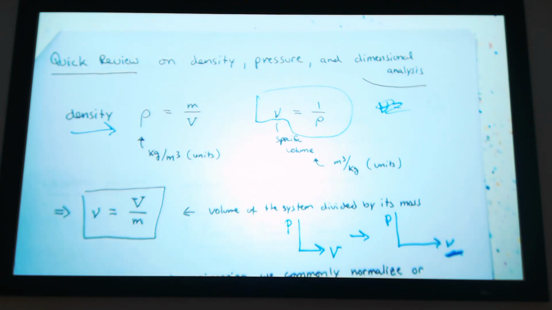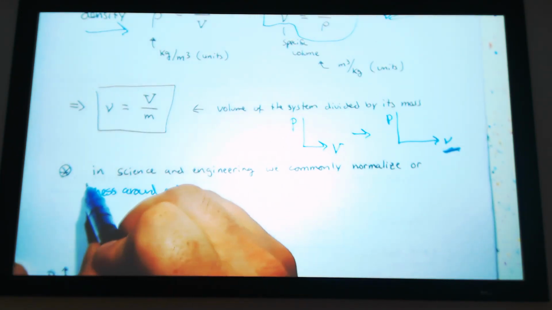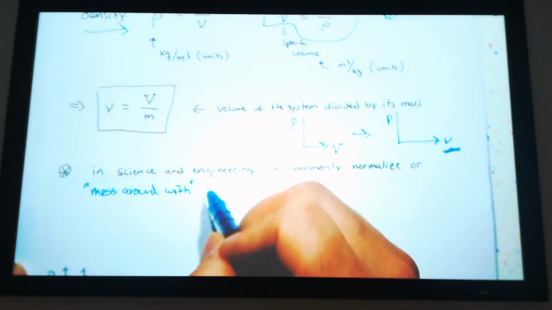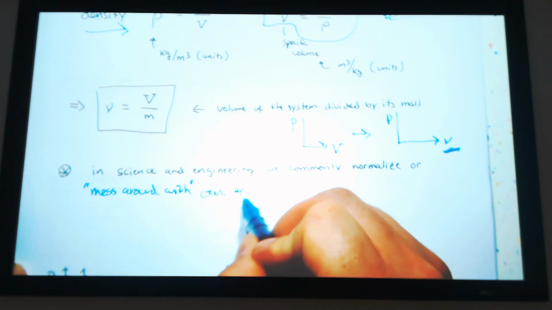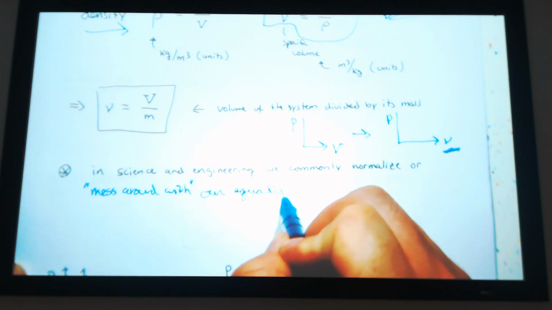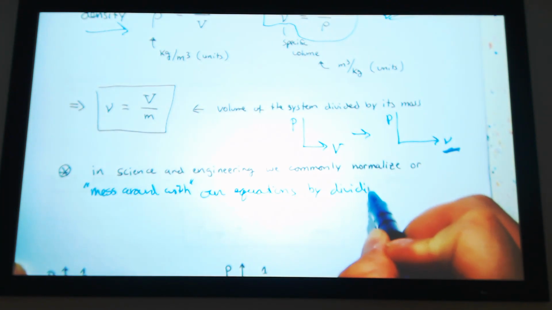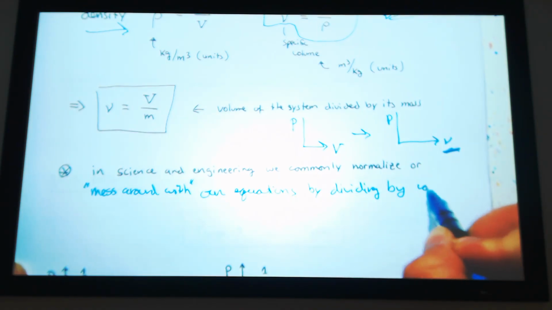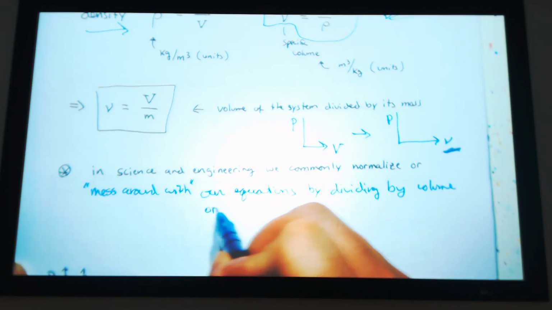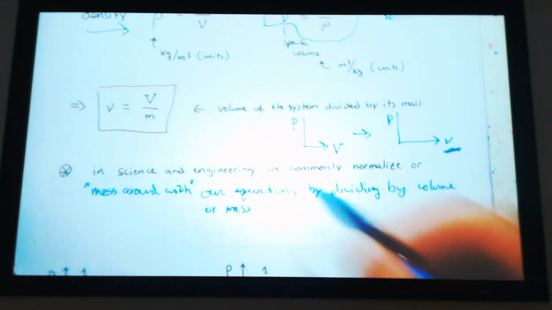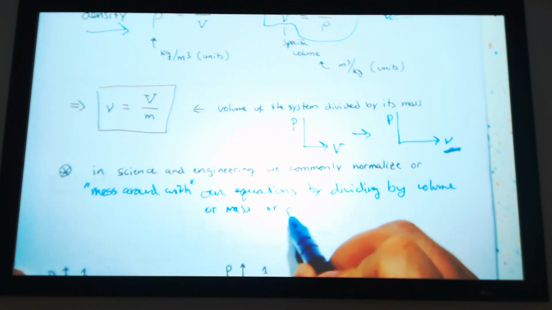So in science and engineering, we commonly normalize our equations by dividing by volume or mass or density.